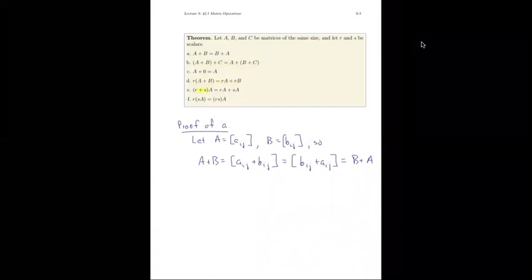We can distribute sums of scalars times a matrix A to get the scalar multiple of R times A plus the scalar multiple of S times A.